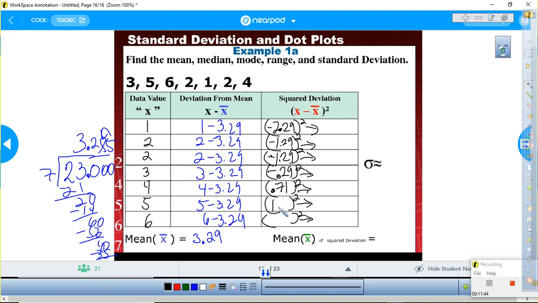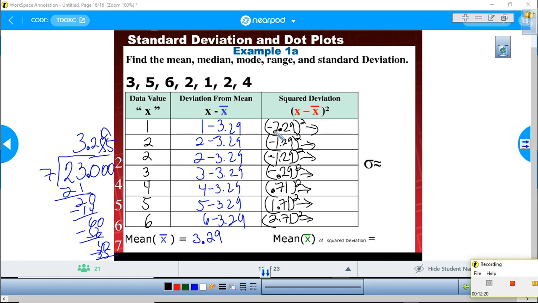And this is 1.71 and 2.71. So get your calculator, square those so I can start calling people to give me the squared value first. I'll give you some time to fill that in.